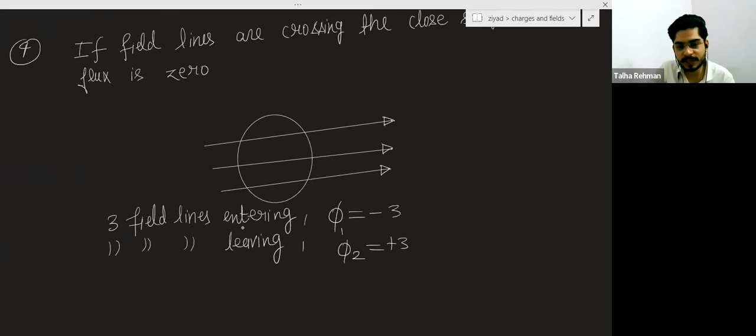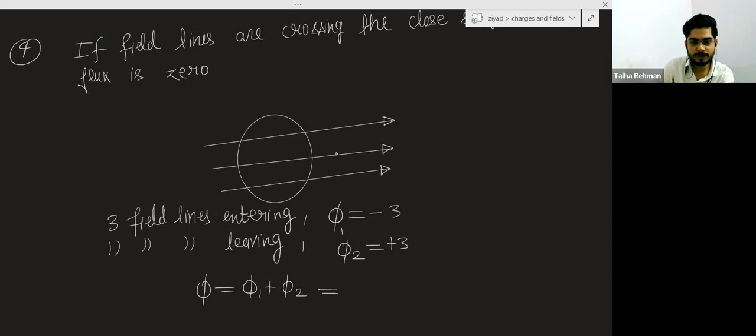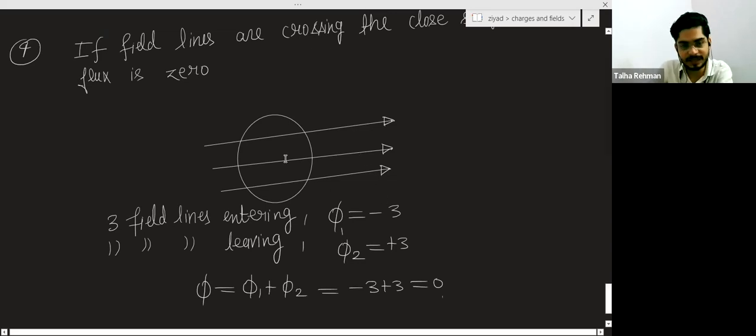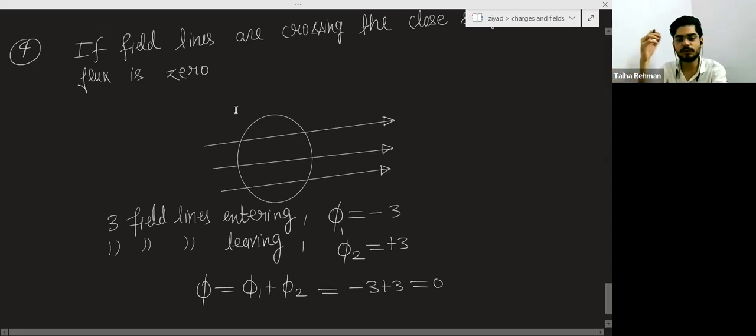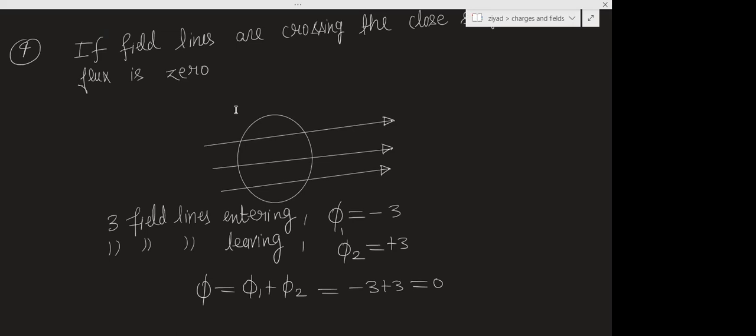If you want to calculate the total flux, you write phi1 plus phi2, which is minus 3 plus 3, overall 0. So this is the reason that if the field lines are just crossing the closed surface, the total flux will be 0, because entering flux is equal to leaving flux.